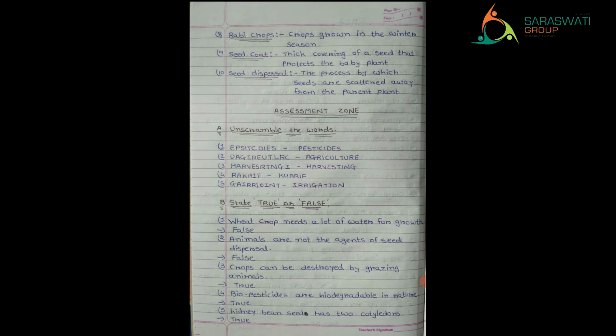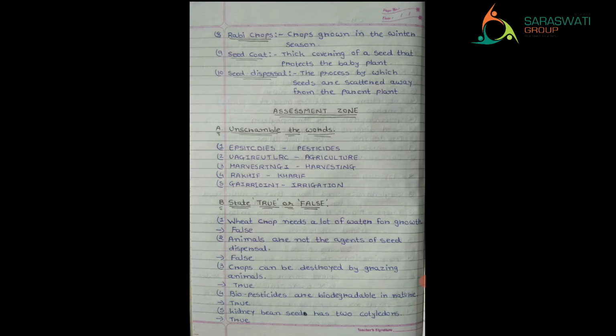Right? The first question is unscramble the words. There are certain words given in which the spelling is jumbled. We just have to arrange those letters in a proper order so that we can get the word, right? So see, the first unscramble word is EPSITCDIES.